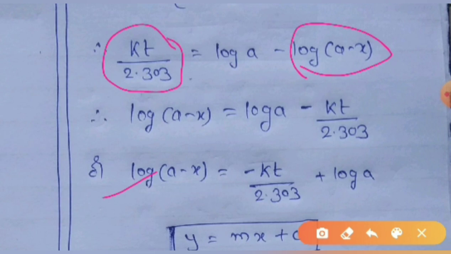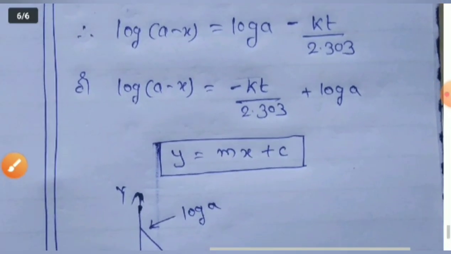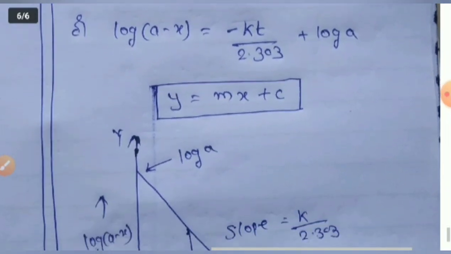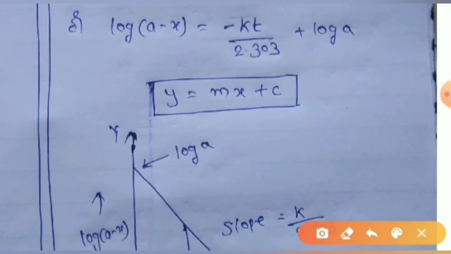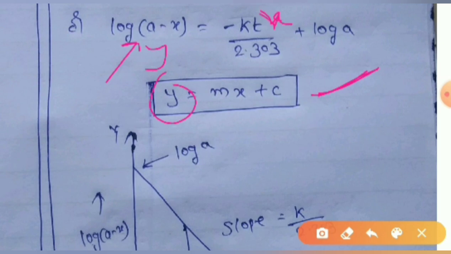If you compare this equation with y equal to mx plus c, which is nothing but the equation of a line, here y will be log of a minus x, x will be t, and m will be minus k upon 2.303, which is a constant term, and c will be log of a.